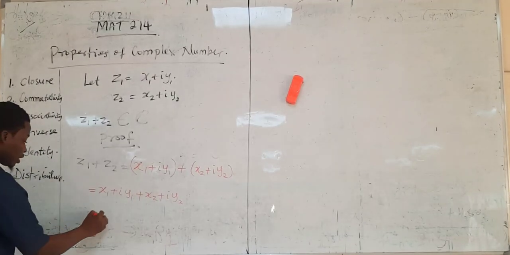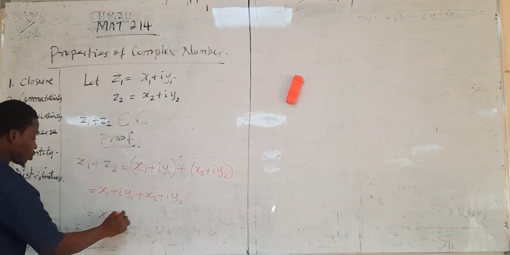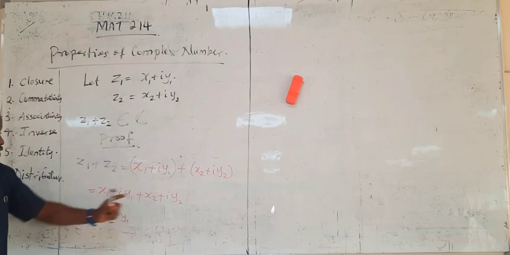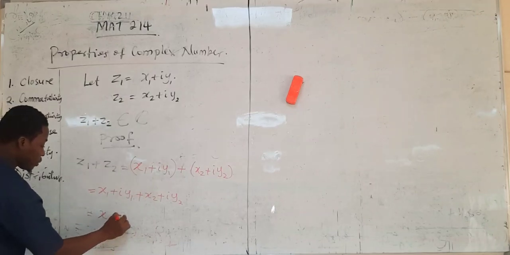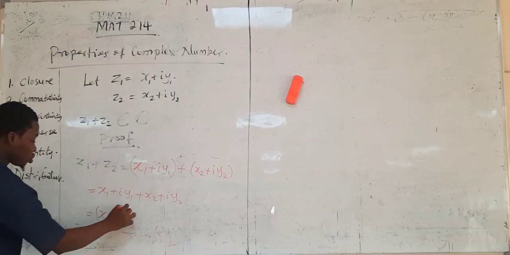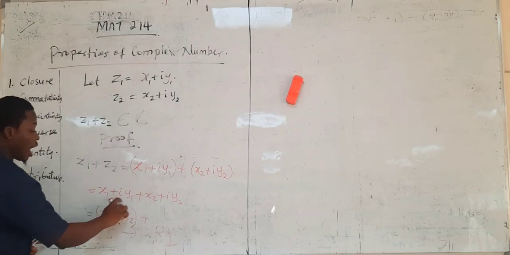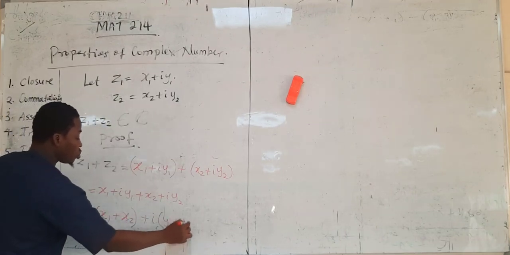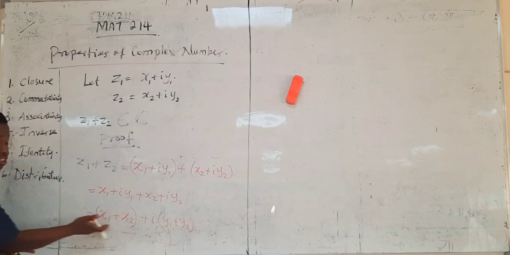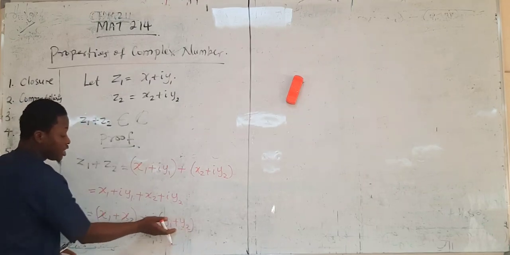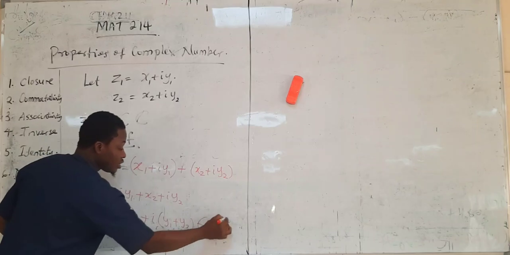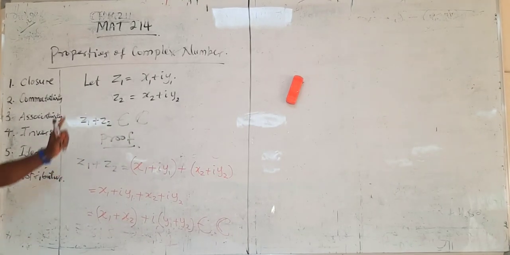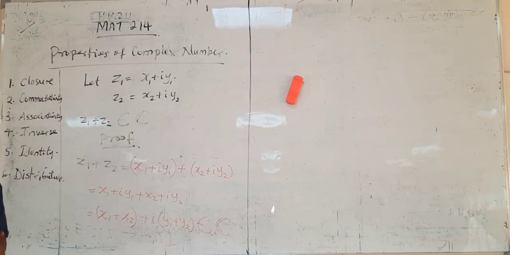So we have x1 plus x2 plus i(y1 plus y2). So this is the real part and this is the imaginary part, which is clearly an element of the complex numbers.